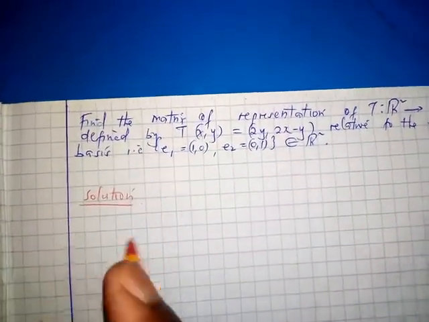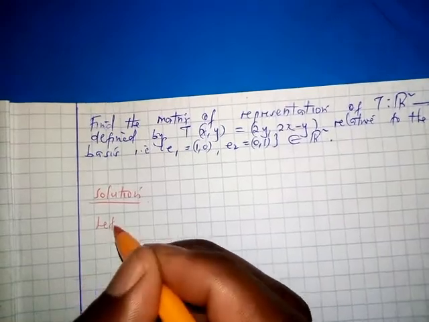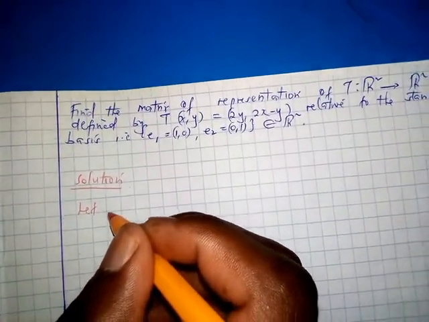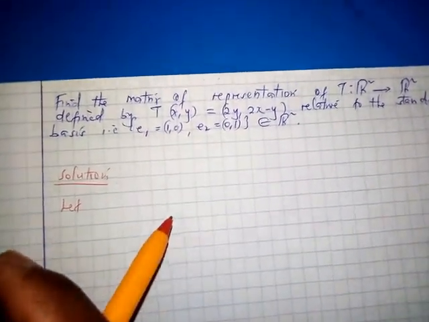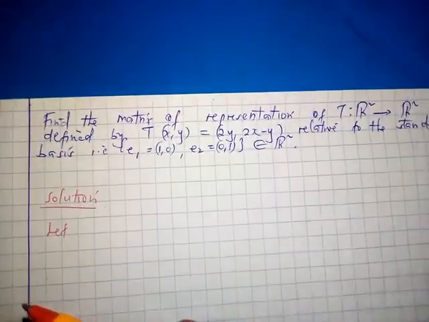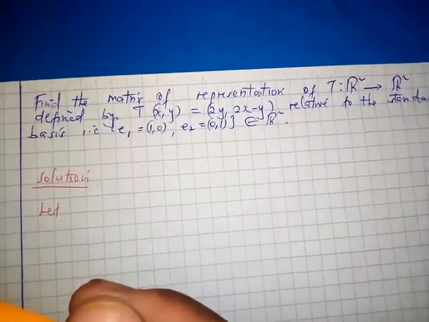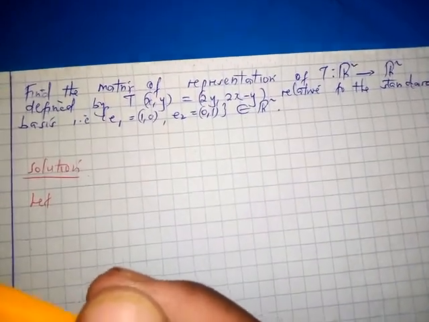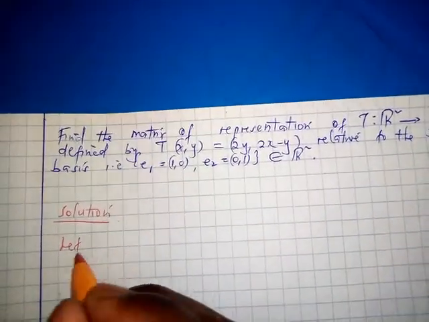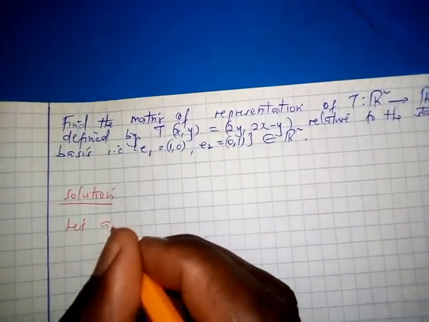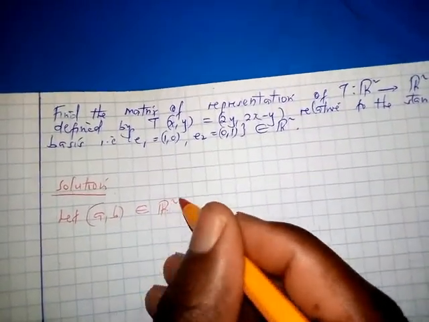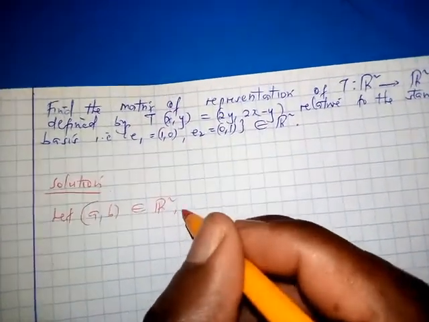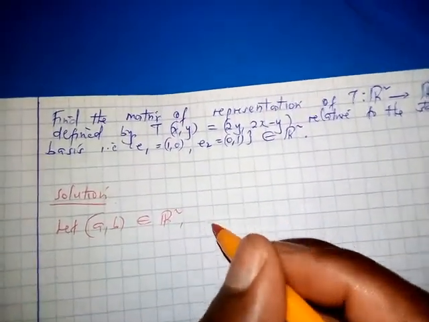So the first step, we write it as a linear combination of E1 and E2. So let (a, b) belong to R squared, or real space in two dimensions.